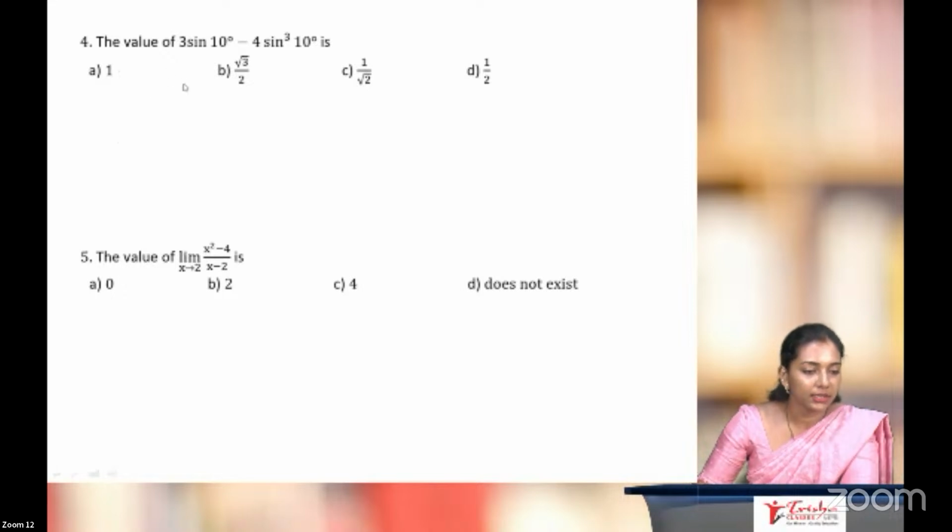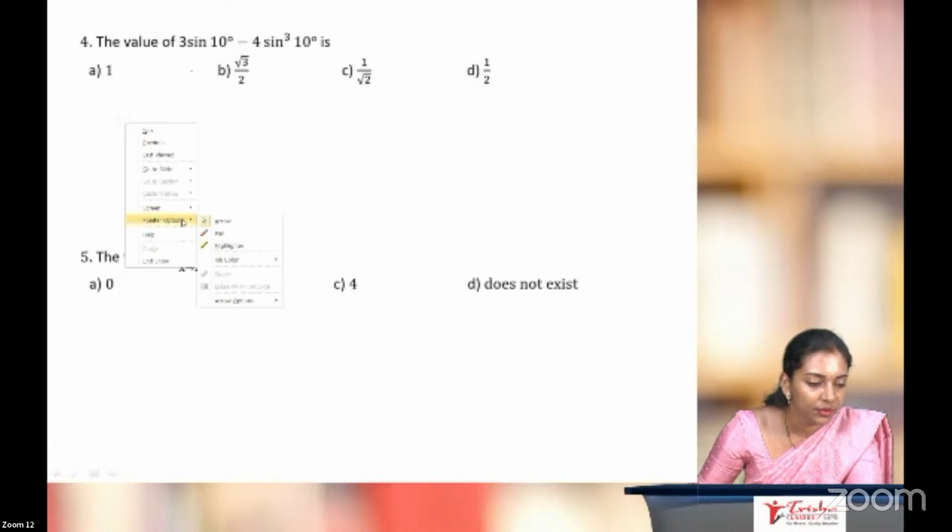Okay, see, as I have told, here in trigonometry usually they will give it as a formula. So, in the previous question paper, we have solved tan 2a, right? So tan 2a, you have a formula, 2 tan a by 1 minus tan square a. So here also 3 sine 10 degree minus 4 sine cube 10 degree. Can you see it is in the form of sine 3a, right?